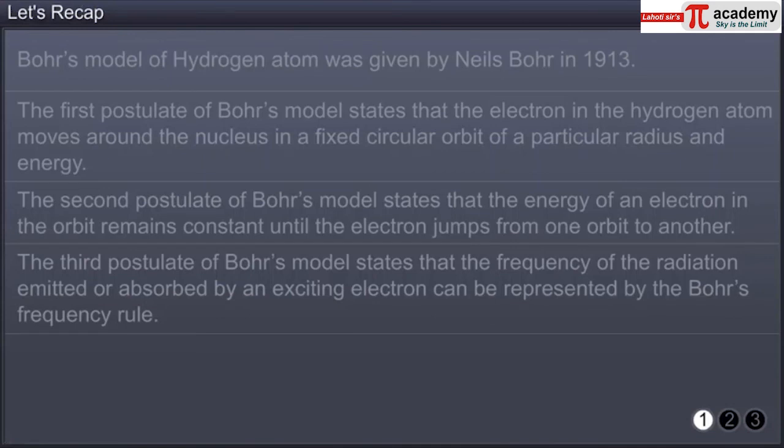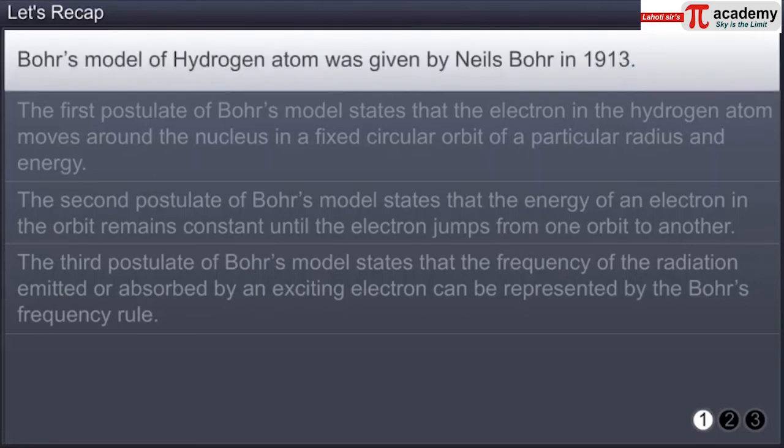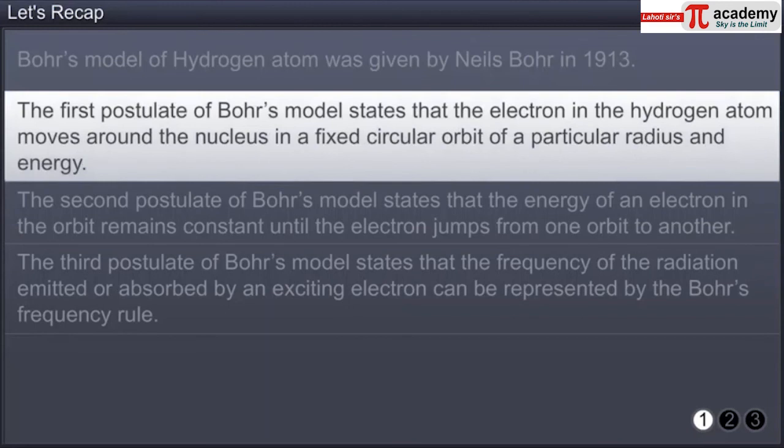In this module, you have learnt that Bohr's model of hydrogen atom was given by Niels Bohr in 1913. The first postulate of Bohr's model states that the electron in the hydrogen atom moves around the nucleus in a fixed circular orbit of a particular radius and energy.